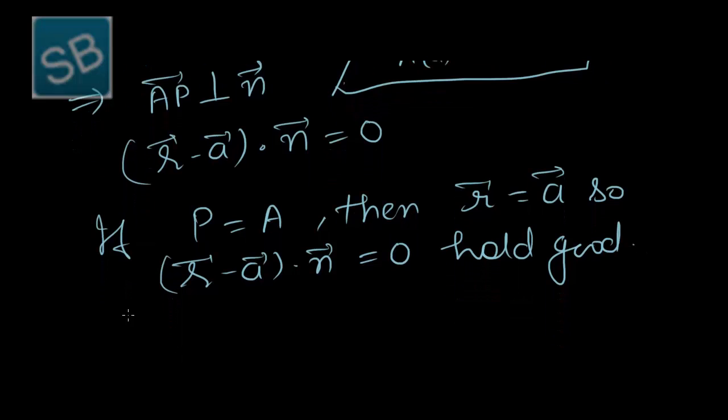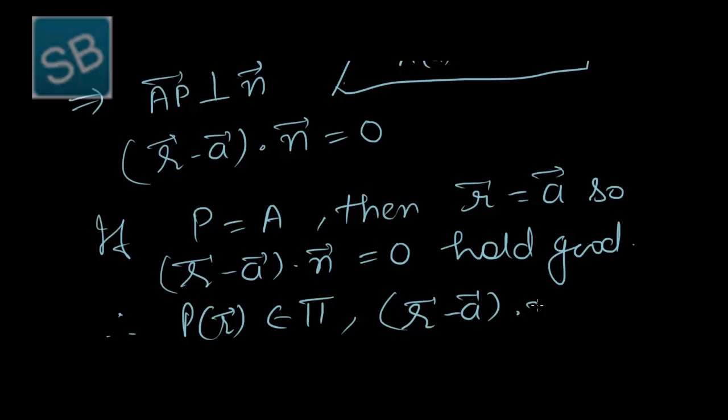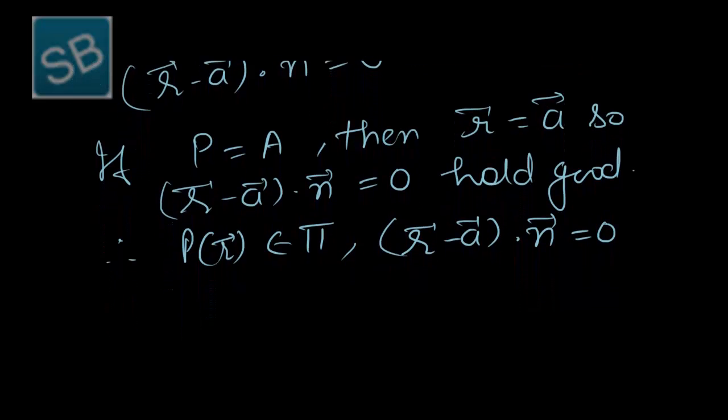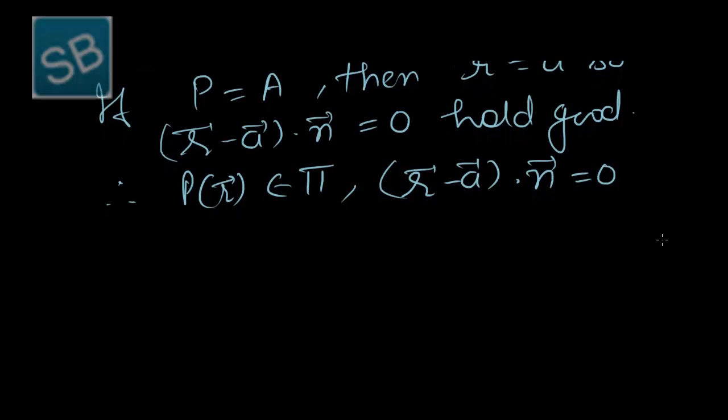Therefore, if P of r belongs to pi, then r minus a dot product with n will be 0, which is the required equation of vector form of the plane.